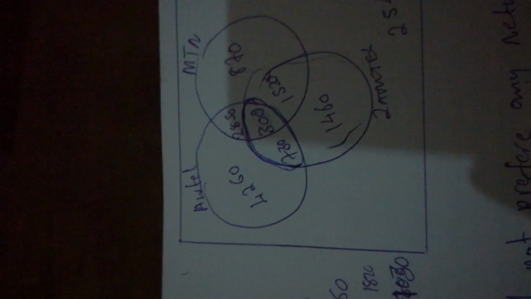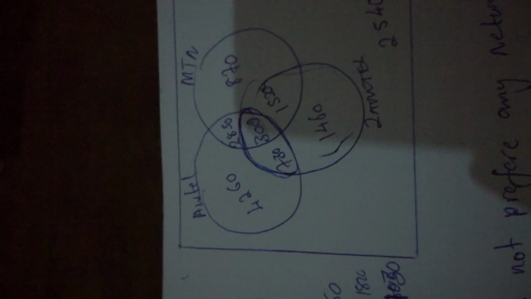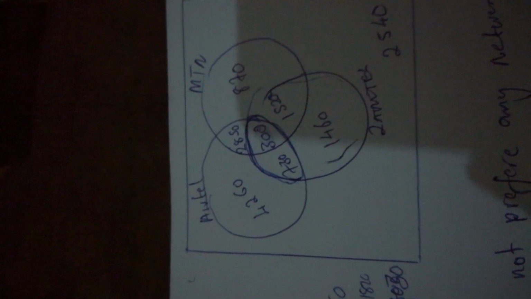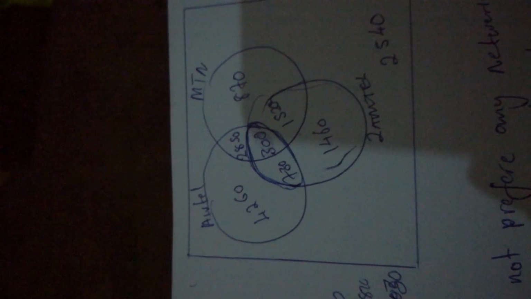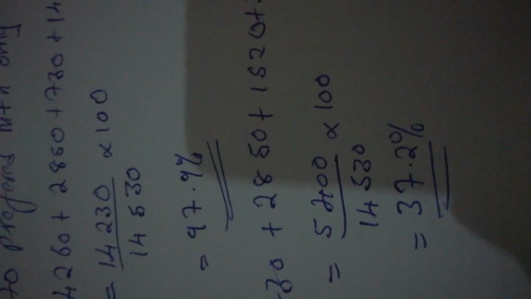But people who used 1 or less are not going to be part of our calculation. So let me add them, divide by the total number and multiply by 100. After doing your calculation, let me see on my calculator, this will give you 37.2%. And that's it. This is your final answer.